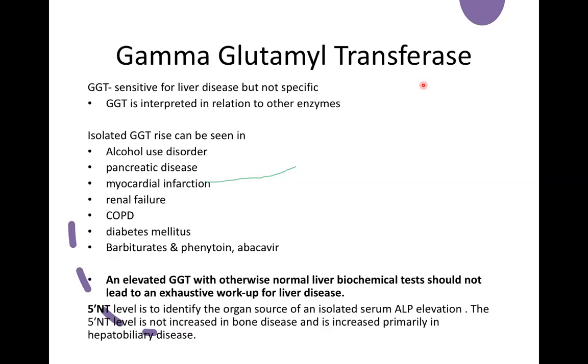Gamma glutamyl transferase is another enzyme that is sensitive for the liver, but it's not specific. So it has always got to be read along with the phosphatase. If alkaline phosphatase is raised and the gamma glutamyl transferase is raised, then you can infer that there is cholestasis. But if the gamma GT is raised by itself, there can be many reasons, and the commonest reason is alcohol abuse.